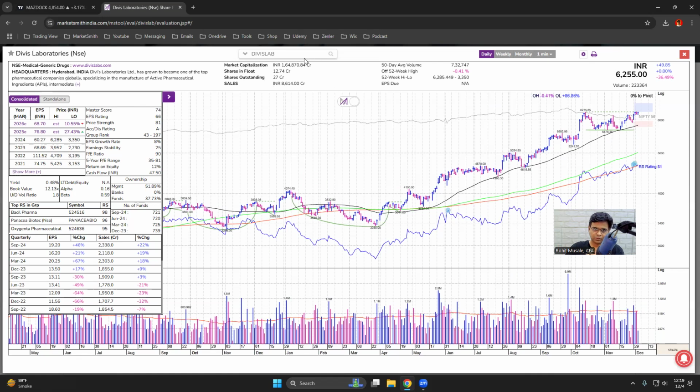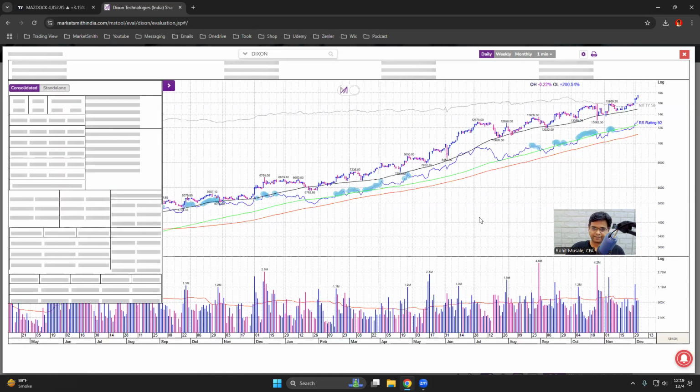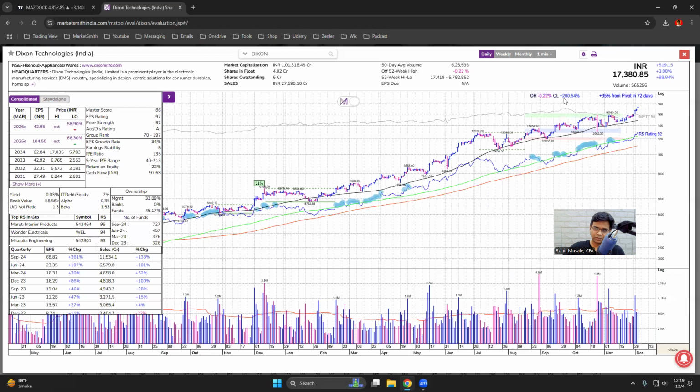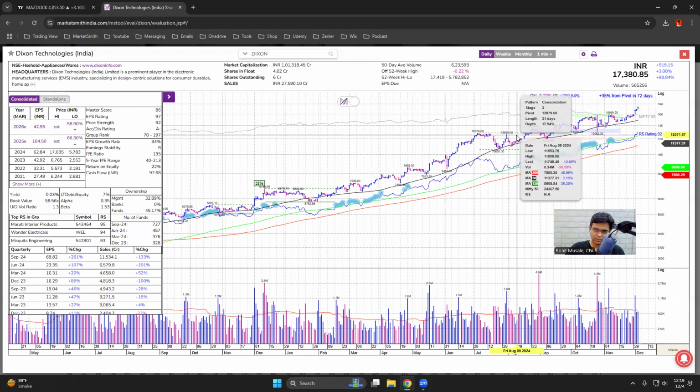So let's look at another example. Have a look at this, 200% above the 52-week low and 0.22% below the 52-week high. So if you check this, this is the third base in that ride.